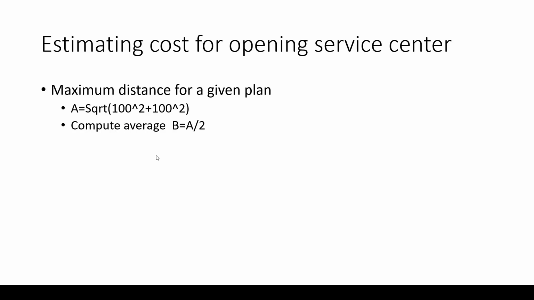The average value would be sensible in this regard, so we just divide it by 2, and then since we have a maximum demand which is equal to 50, we multiply by 50 and the C would be obtained.